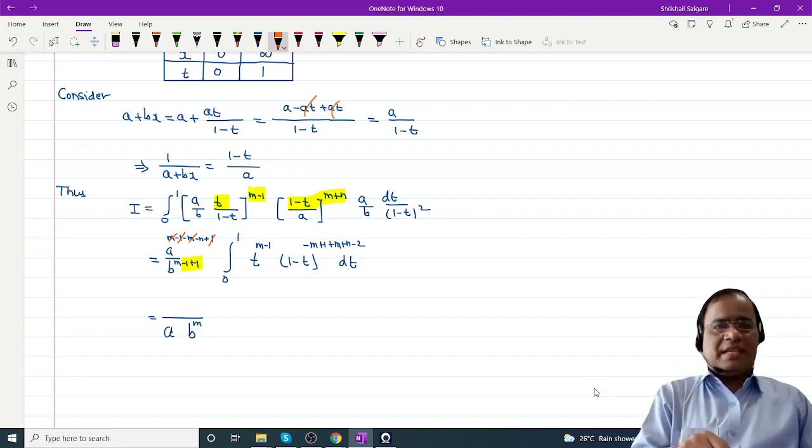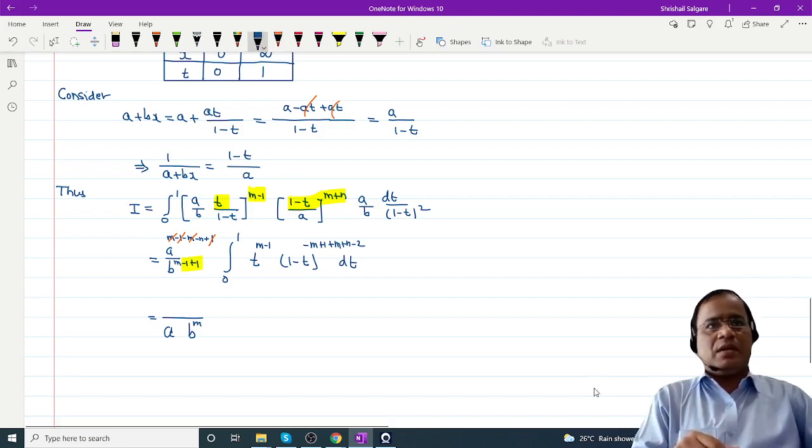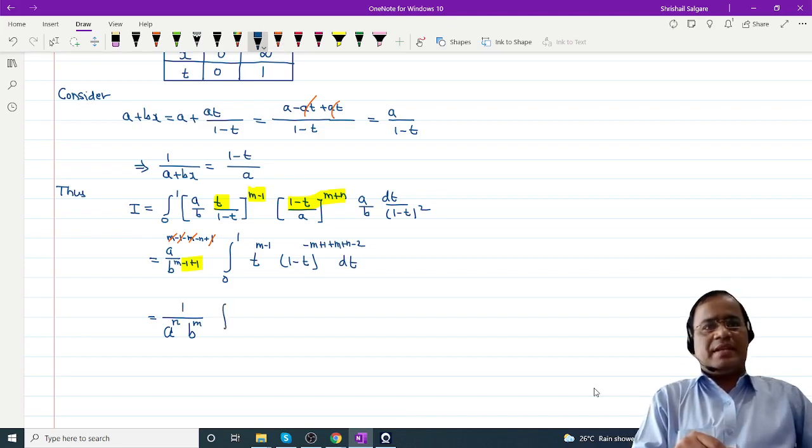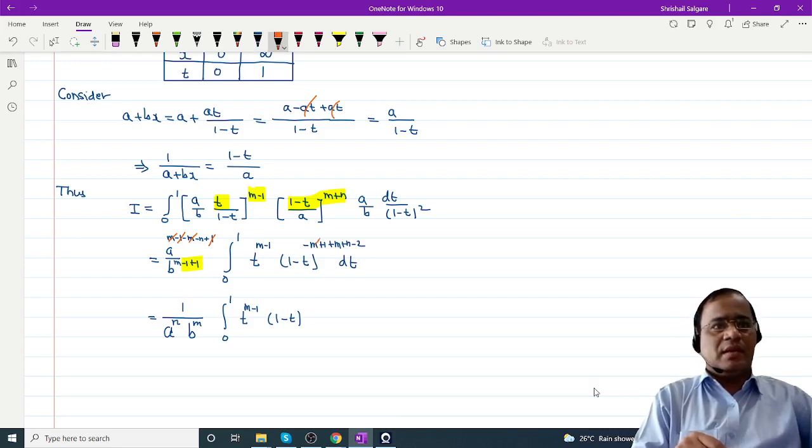But in the next step, I am writing in the denominator, and in the first step it is a negative power. And when I write in the denominator, it comes as a positive power. And the remaining is integral 0 to 1. First one is t raised to m minus 1 into 1 minus t raised to. Now again see, I think minus m plus m get cancelled.